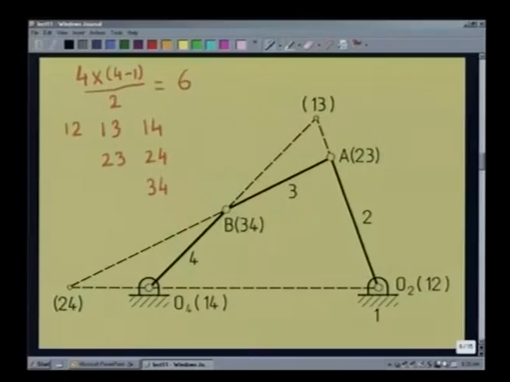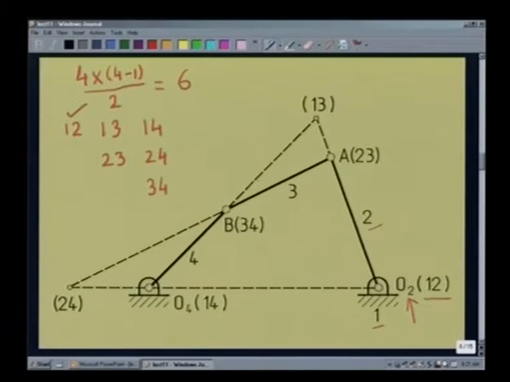Out of these 6, as I said in the last lecture, the location of 1 2 is at O2, because link number 1 and link number 2 are connected by a revolute pair at O2. So, O2 gives us the location of the relative instantaneous center 1 2.